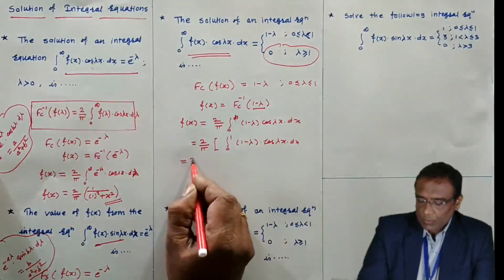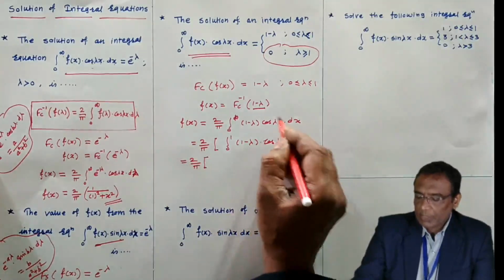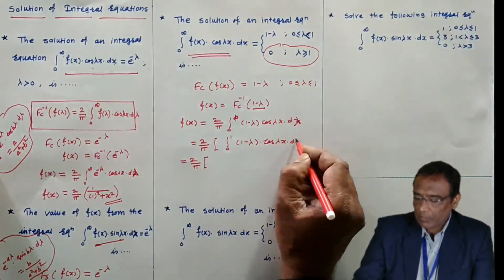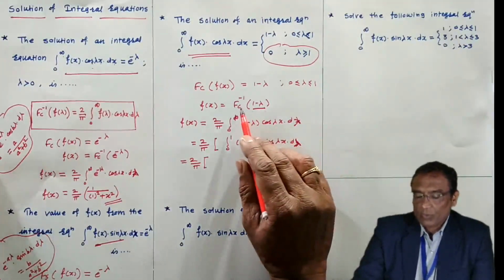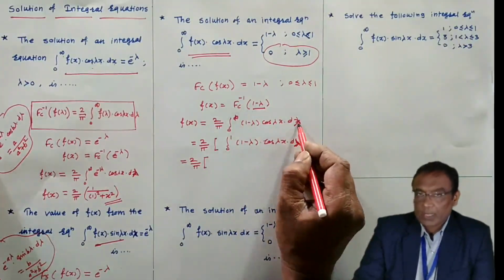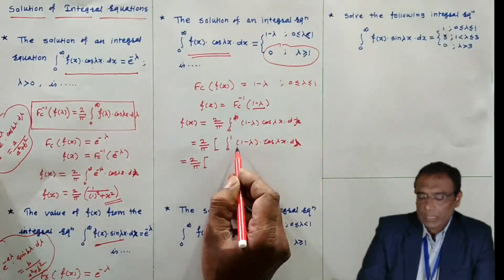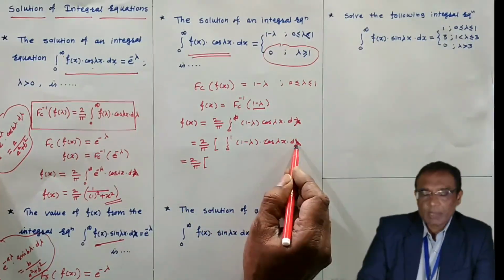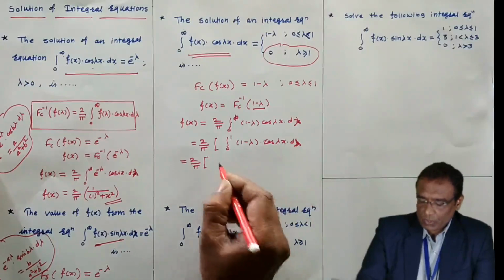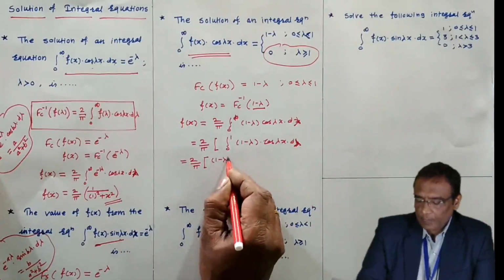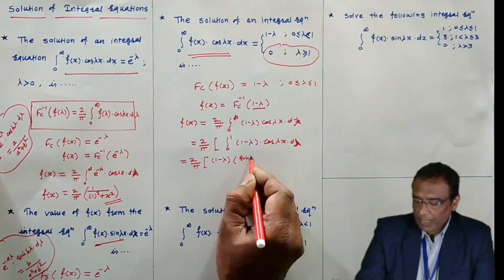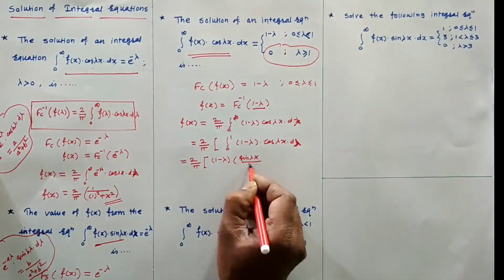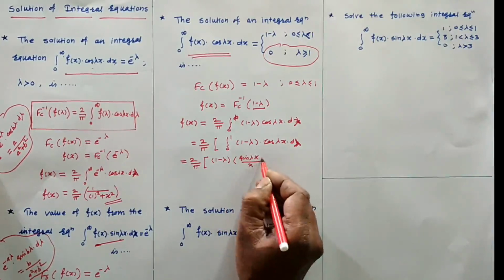Now use integration by parts. We are integrating with respect to lambda. This is lambda, because every time by mistake I am writing x in the inverse Fourier cosine transform. Lambda is the variable of integration, so other than lambda, x is constant.